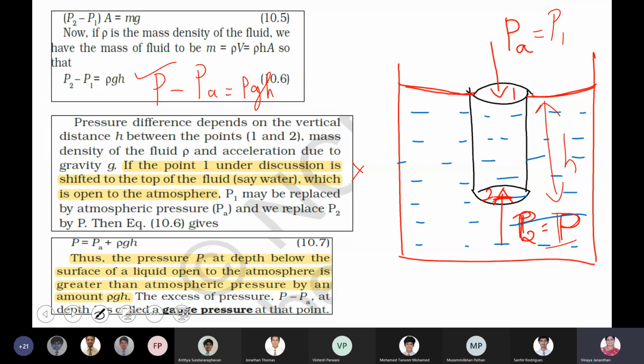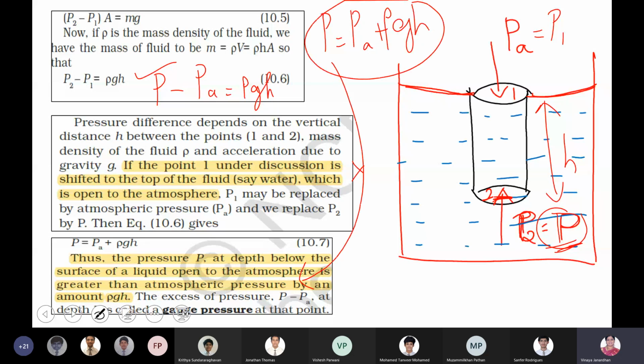See, P is the pressure acting on the bottom surface of the liquid cylinder, and this bottom surface is at a depth h below the liquid surface in the beaker. So P represents the pressure at a given depth. P becomes equal to PA plus rho GH.